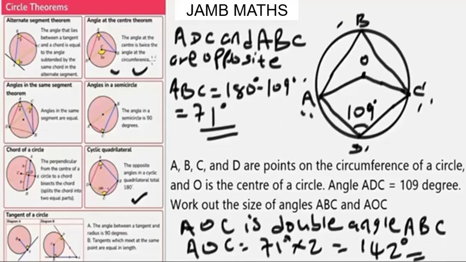So angle AOC is double angle ABC. Our ABC is now 71 degrees. Now the double of it will be 71 degrees times 2, which will give us what? 152 degrees. Okay, so it's as easy as that.